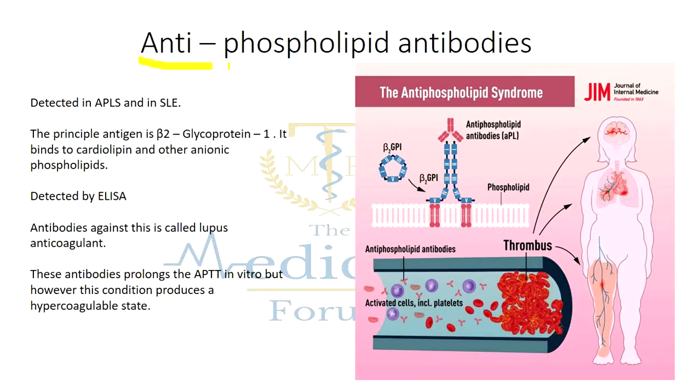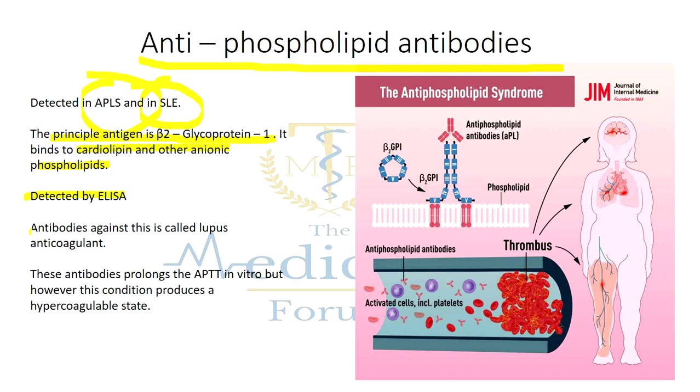Antiphospholipid antibodies. What's antiphospholipid antibodies? The principal antigen is beta-2 glycoprotein 1. Especially this antigen binds to cardiolipin and other anionic phospholipids. So it's seen in antiphospholipid syndrome and also seen in SLE. It's detected by ELISA. What happens here?